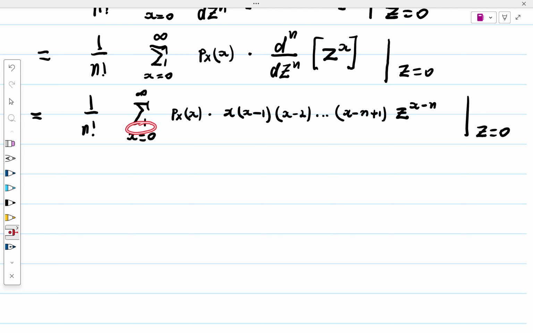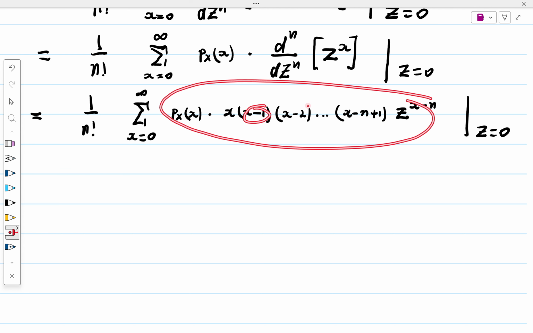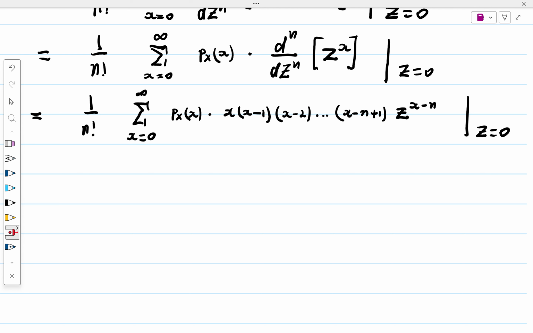Because we're going to go from x equals 0, then x equals 1. Well, when x equals 1, this term here becomes 0, and therefore the whole product becomes 0. When x equals 2, this term becomes 0, and therefore the whole product equals 0. All the way up to where x equals n minus 1. These terms all become 0.